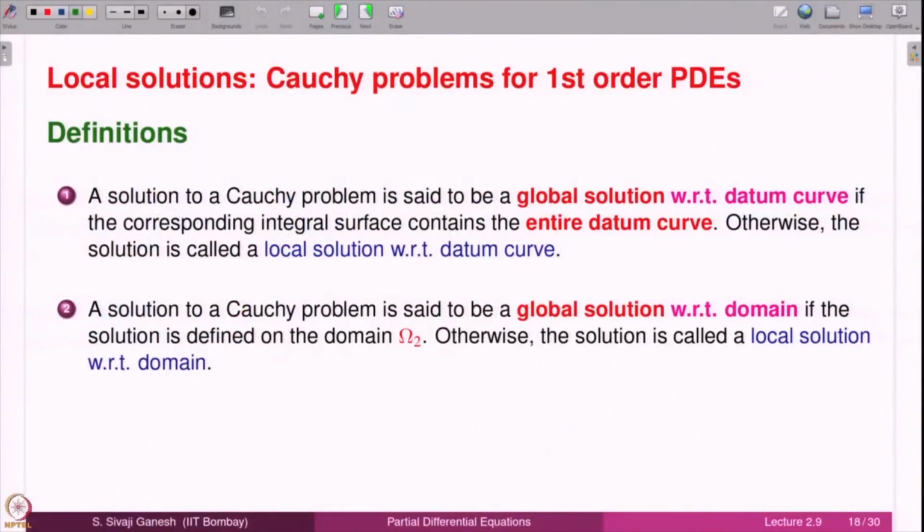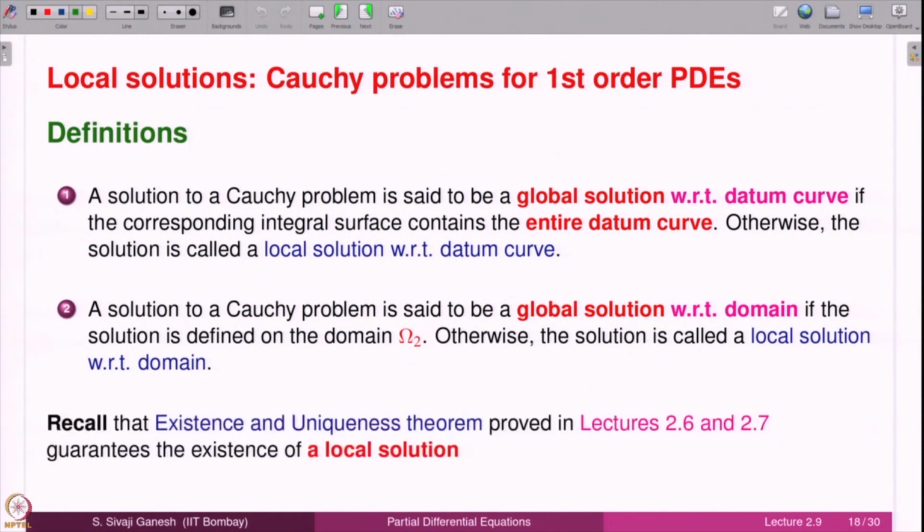So, you would expect that the solution should be defined throughout omega 2. If it is so, we are happy and we call it a global solution with respect to domain. Otherwise, the solution is called a local solution with respect to domain. Recall the existence and uniqueness theorem proved in lectures 2.6 and 2.7. The theorem guarantees the existence of a local solution with respect to datum curve and with respect to domain, both.